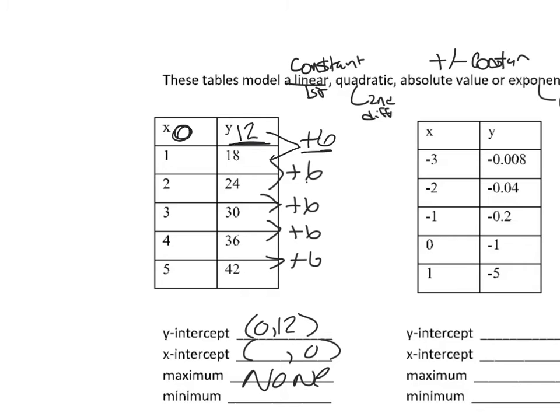So we're adding 6 each time, so we're going to go back a couple of times. If I go, what plus 6 is 12? Well, that'd be 6, so this over here would be -1. And if I go back another time to -2, if I add 6, what plus 6 is 6? 0. So that'll give me my x-intercept.